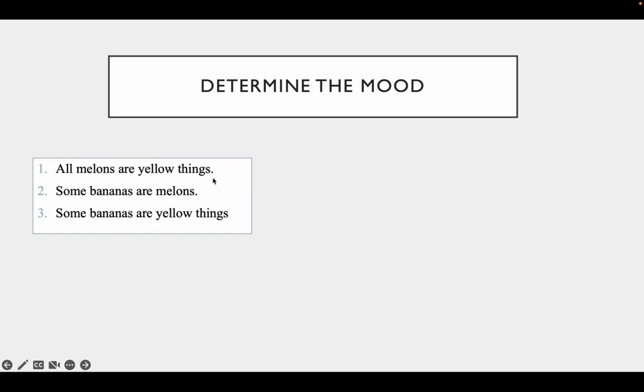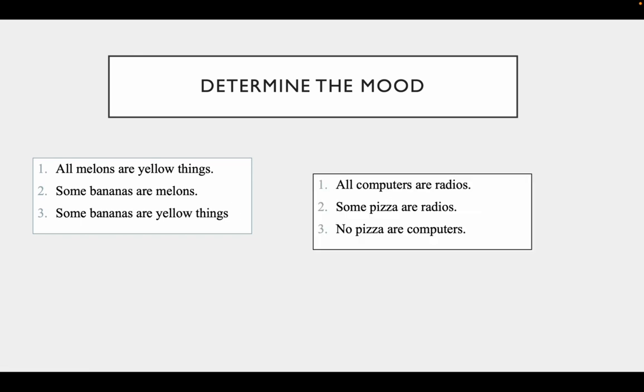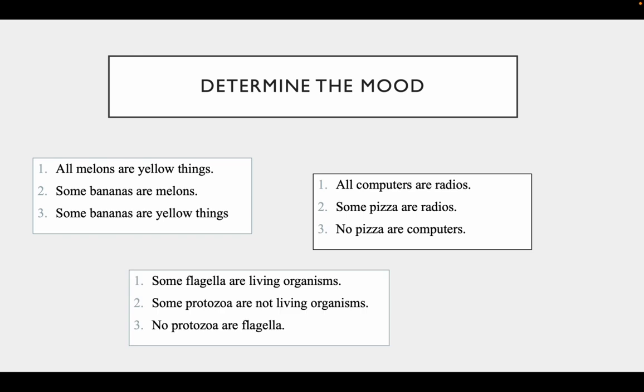So the mood here would be A, E, E. All computers are radios, that's an A. Some pizza are radios, that's an I. And no pizza are computers, that's an E.